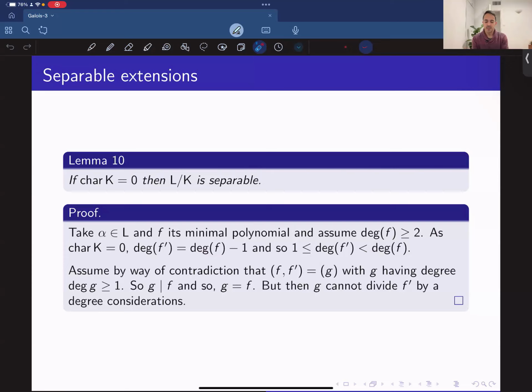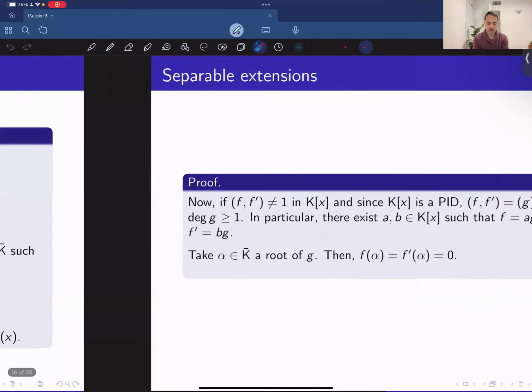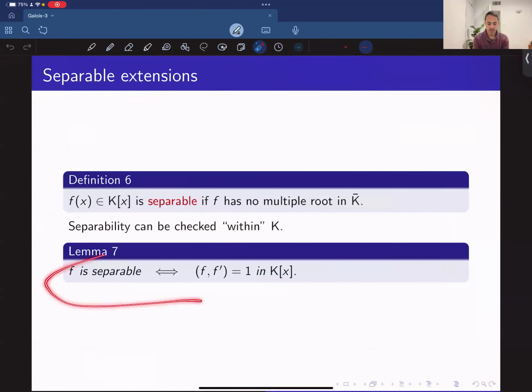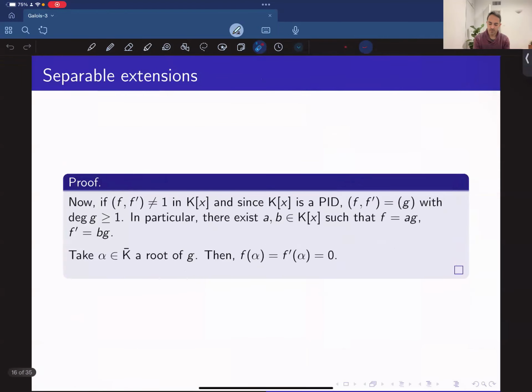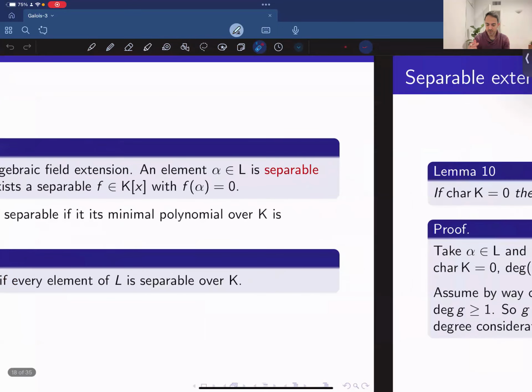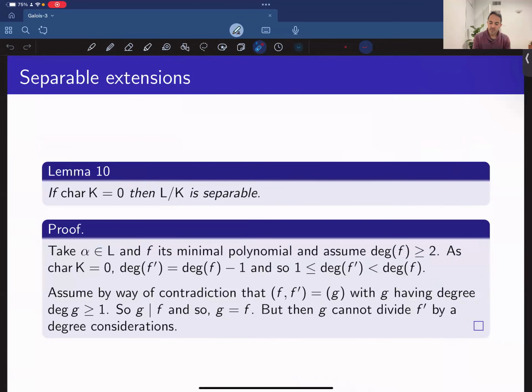So now let's continue using our previous claim. Assume by contradiction that f and f prime don't generate everything, they generate just G. I'm using the claim that we just proved. In order to argue about separability, I'm going to compute the kind of GCD of f and f prime. So let's assume by contradiction that f and f prime actually don't generate the entire ring.